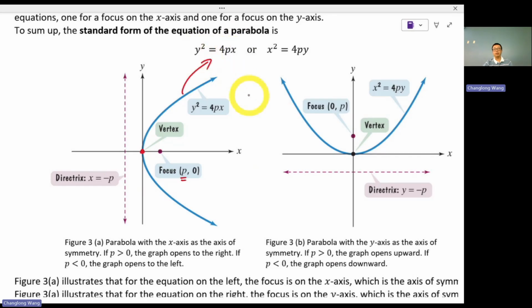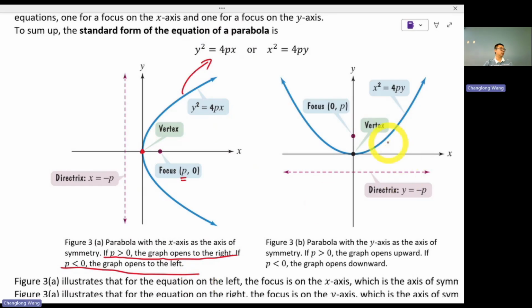So however you can remember it, maybe I'll say whichever variable does not get the square is the direction the parabola opens. So in this case, it's opening in the x direction. Now, the way I can tell if it opens to the right or left depends on p. If p is positive, it opens to the right. Otherwise, it opens to the left.